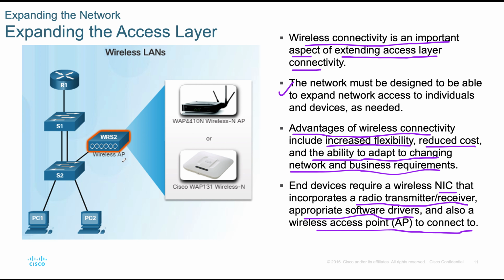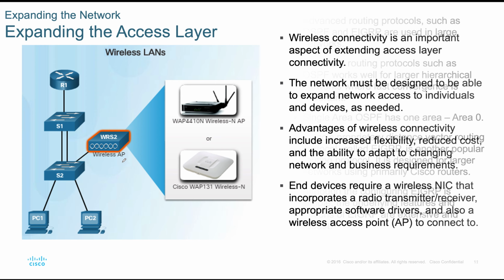It will also incorporate the software drivers that enable connectivity. And also a wireless access point. Every mobile phone or laptop has what we call the wireless access point that enables connectivity. Is that okay? Now let's move on quickly.